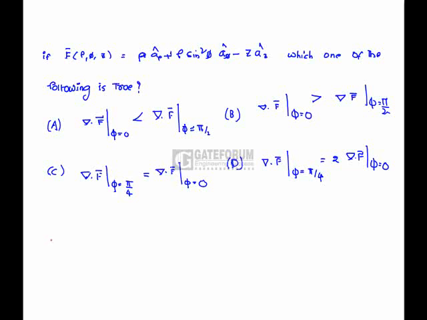Function f, which is a function of rho, phi, z, is given in the question. Then which one of the following is true? Here, div f is going to be 1 by rho dou by dou rho of (rho A rho) plus 1 by rho dou by dou phi of (that is f phi) plus dou by dou z of the z component.